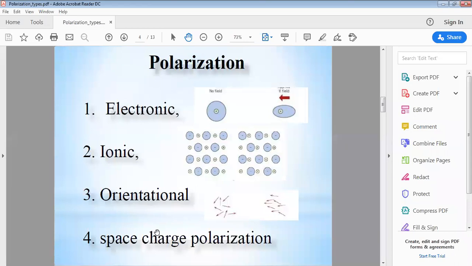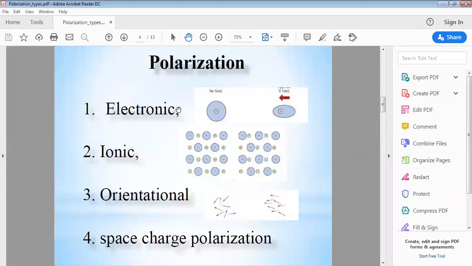All the materials will have this common electronic polarization, because it arises from the atom. This is one of the most important polarizations, which we are going to study now. This question, types of polarization, is one of the important part B questions for your university exam.